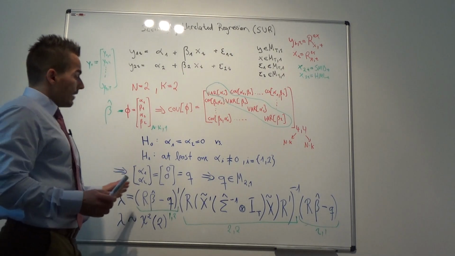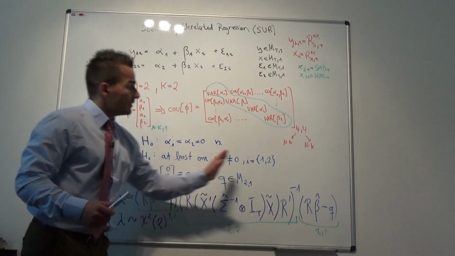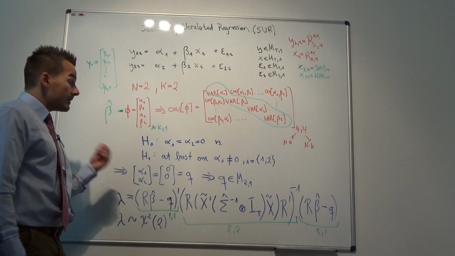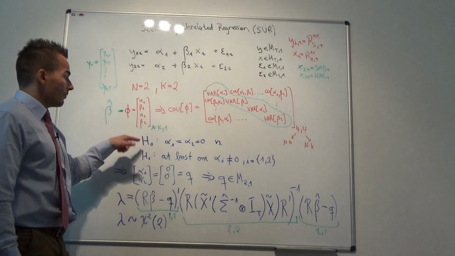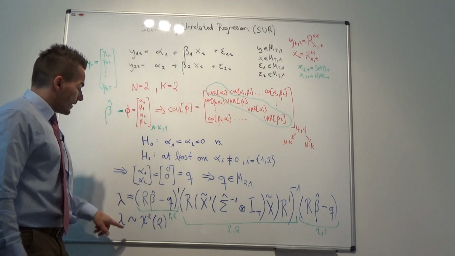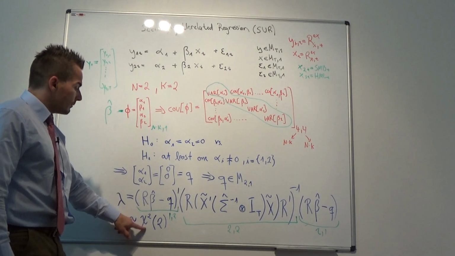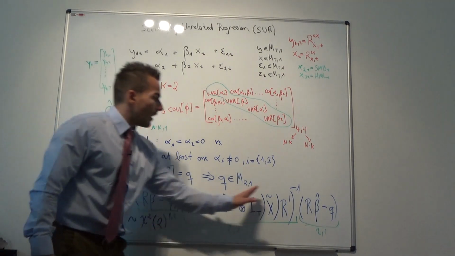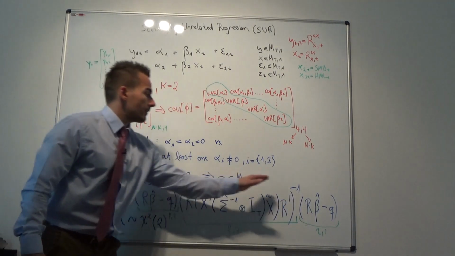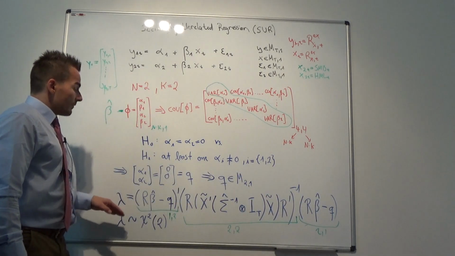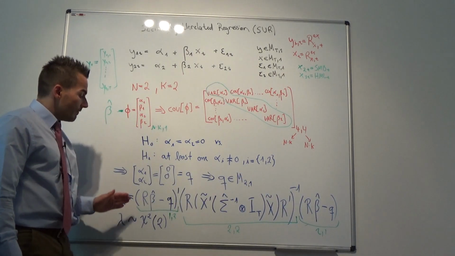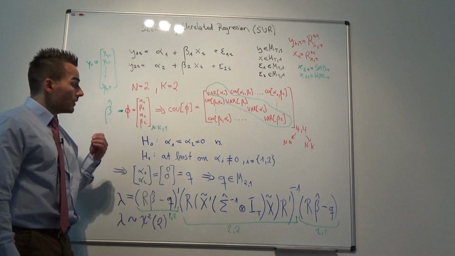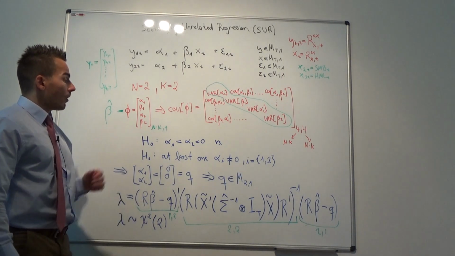Everything multiplied out will give us a number, and that's a random variable, and under the null hypothesis, if the null hypothesis is true, this will be chi-square distributed with 2 degrees of freedom. So the number that comes out of this product, we have to compare with the critical value of the chi-square distribution with 2 degrees of freedom in order to evaluate our null hypothesis.